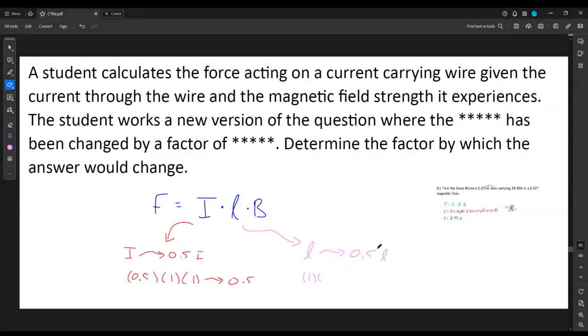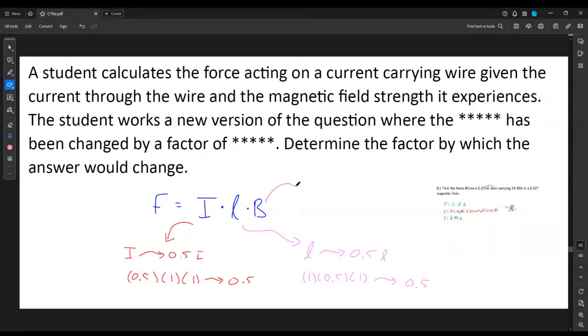We're only changing one variable at a time unless the question very specifically says that we're changing more. Then here we're changing that length. So the ratio of new length to old length is just the factor. The magnetic field strength is not tampered with, so we just get that number back again. And then technically, it's the same as before, just out of order. Multiplication doesn't care. So here we also get back our factor the same as it was.